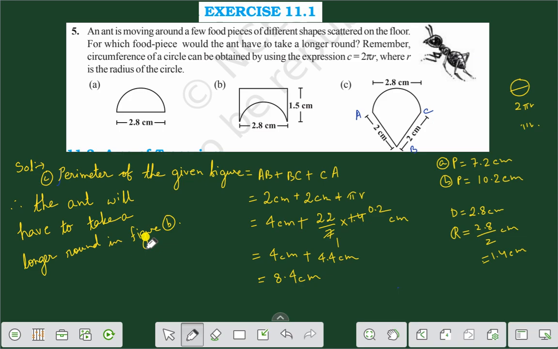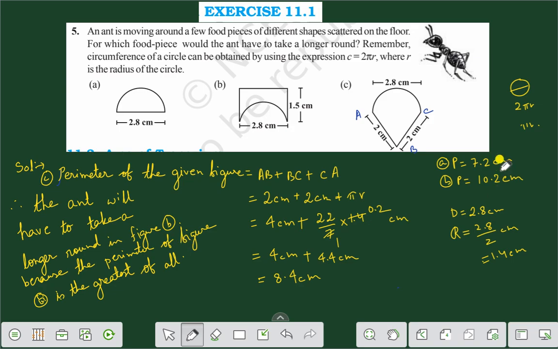Because the perimeter of figure B is the greatest of all, right?